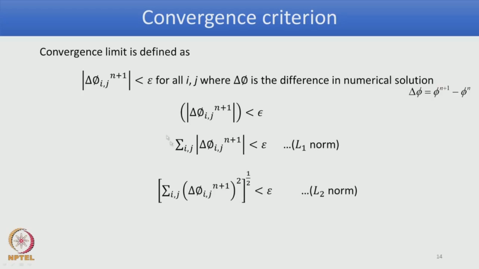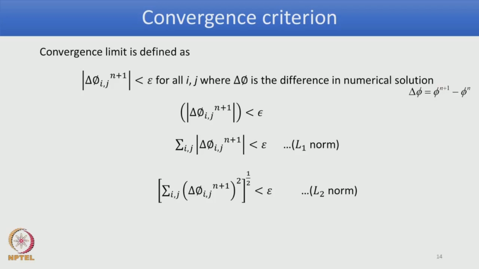Or you take a summation of the squares of all the errors. When you square, there is no minus sign, everything automatically becomes positive, and you take a summation over the entire domain, and then you take the square root of it. That also can be used as a criterion, less than the prescribed value epsilon, and such is called the L2 norm.